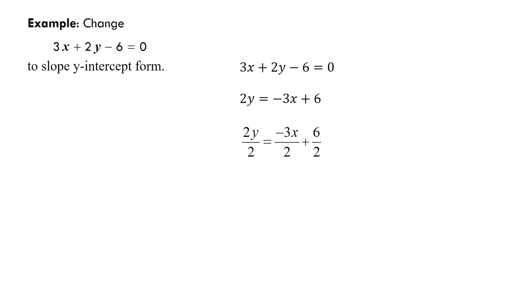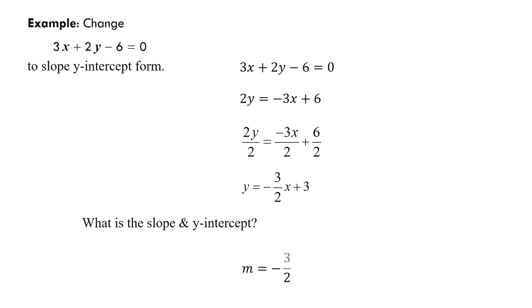Once the 2's cancel out on the left-hand side, we're left with y equals negative 3 halves x plus 3. Our x coefficient is negative 3 halves, so that's our slope, and the value of b is 3, which is our y-intercept.